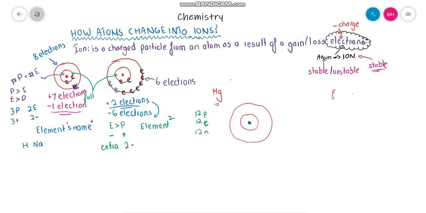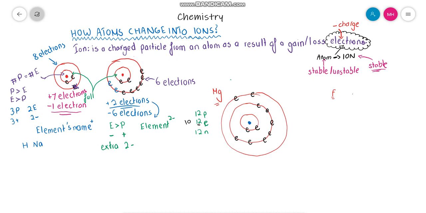The first two go in here, so it becomes 10 electrons. 8 more go in here because that's the amount this energy level can withstand. I forgot to draw one more. So we are left with 2 electrons, and those 2 electrons go in the last shell, which is the outer shell.